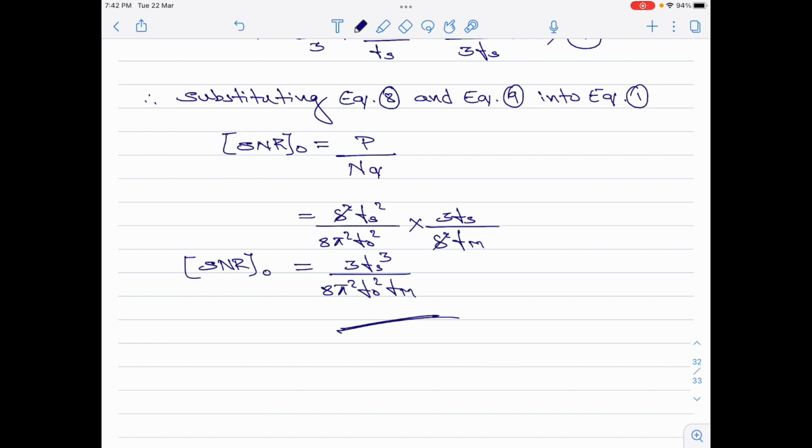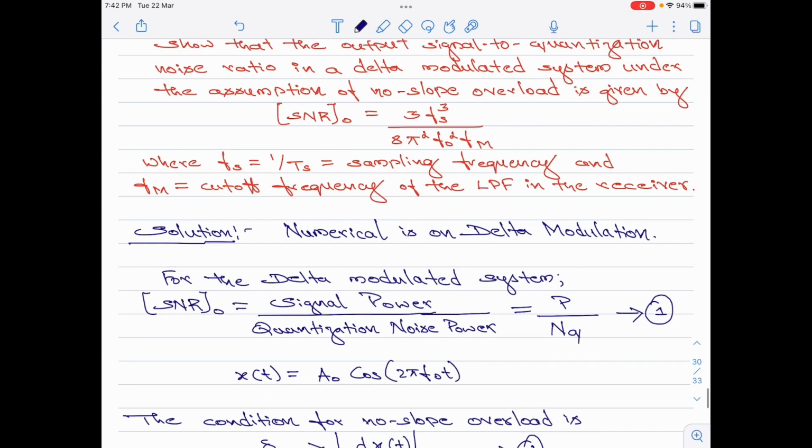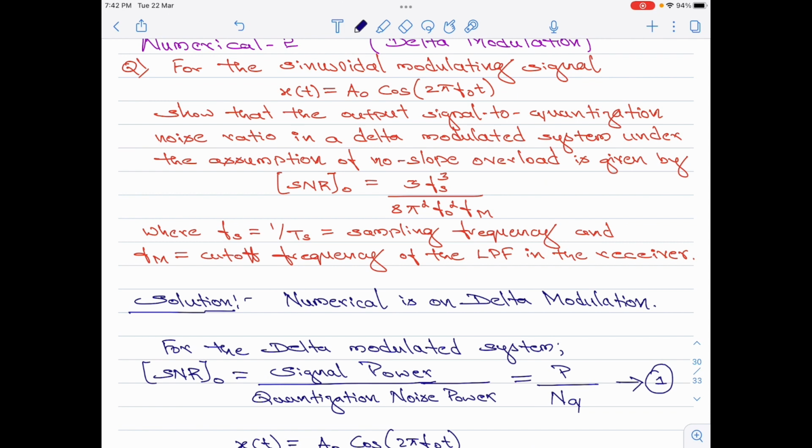If you look at the last equation we have derived here and come back to the numerical, the equations for SNR output are exactly one and the same. Thus, we have now proven that for a delta modulated system under the assumption of no slope overload, the SNR output, given x of t equals a naught cos 2 pi f naught t, is equal to 3 Fs cube divided by 8 pi square f naught square Fm.